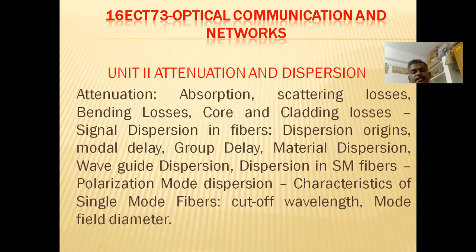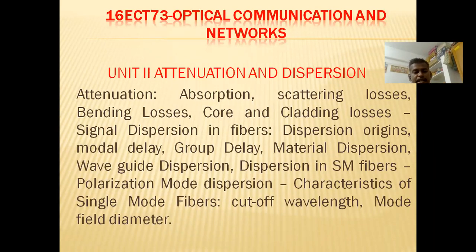Unit 2: Attenuation and Dispersion. In optical fiber communication and networks, we have already briefly discussed Unit 1. Now we are starting Unit 2, which is attenuation and dispersion. In attenuation, we are going to see absorption losses, scattering losses, bending losses, core and cladding losses.